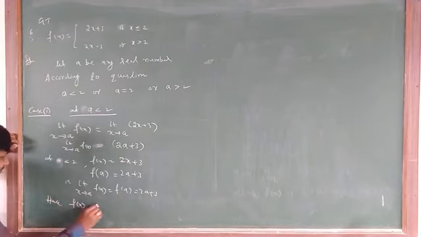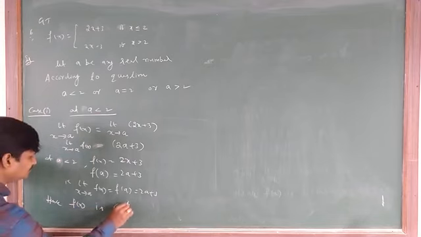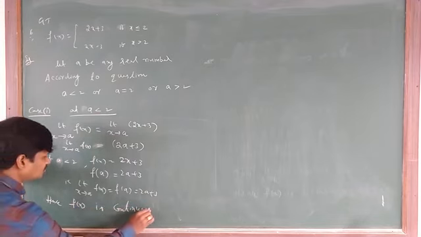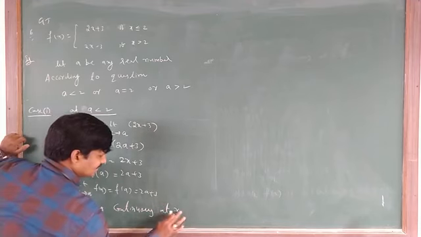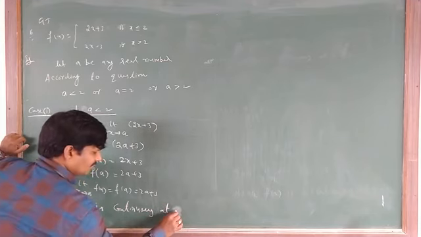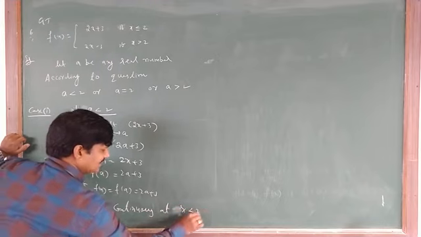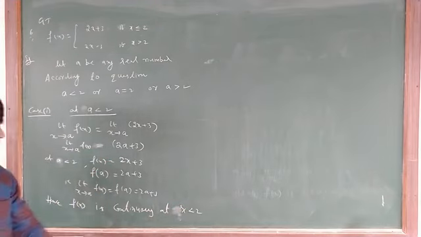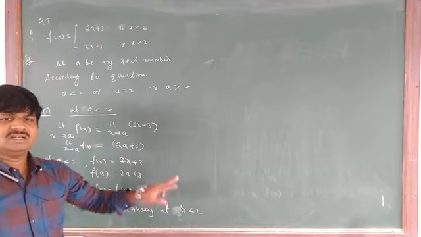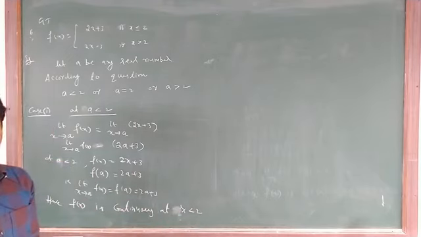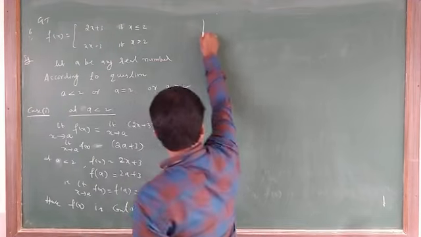Hence, f of x is continuous at x less than 2. That means for all real numbers less than 2, the function is continuous.